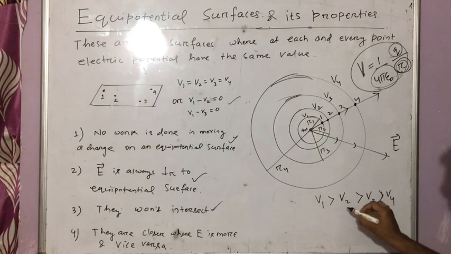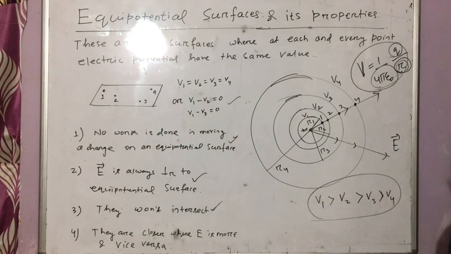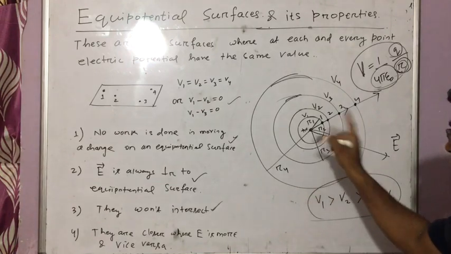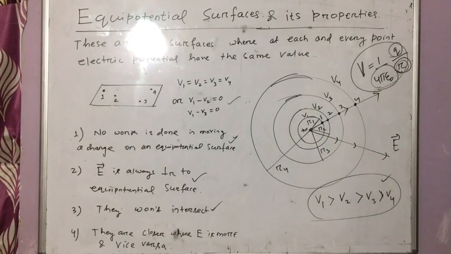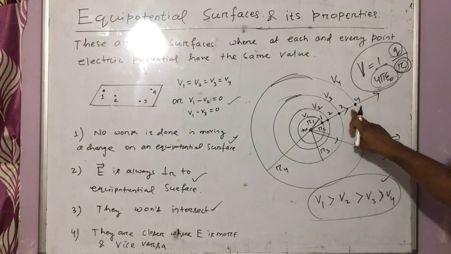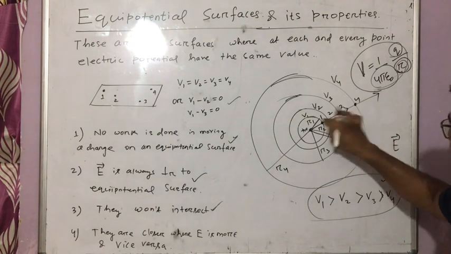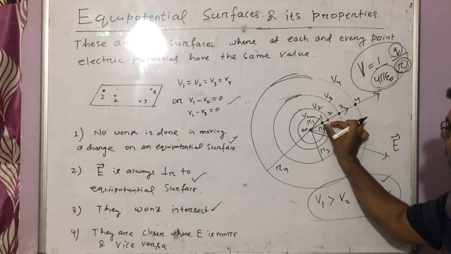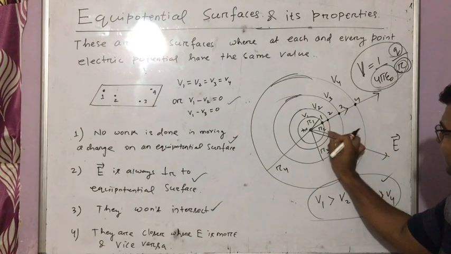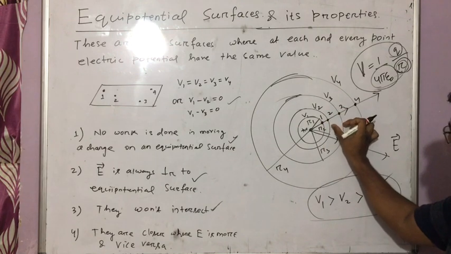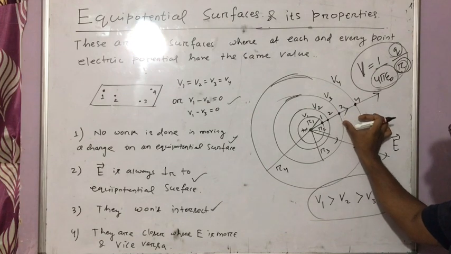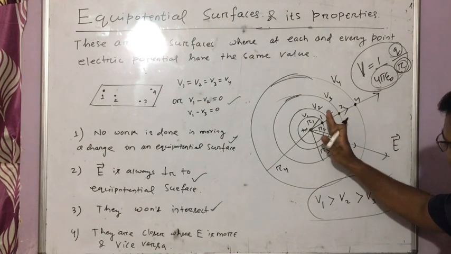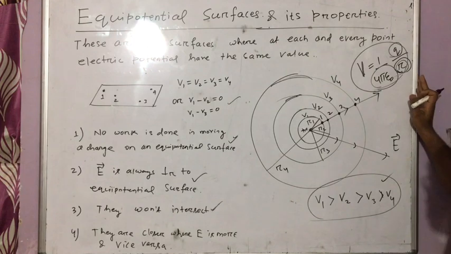So a very interesting and important question can be asked from here. I have drawn these surfaces closer because it represents stronger field, and gradually the separation gap between the surfaces I have made wider because gradually the strength of the field is also decreasing.